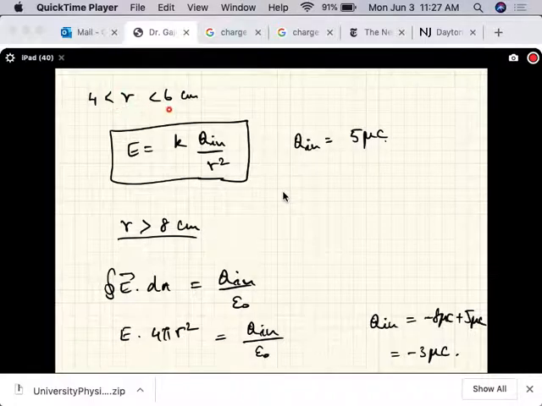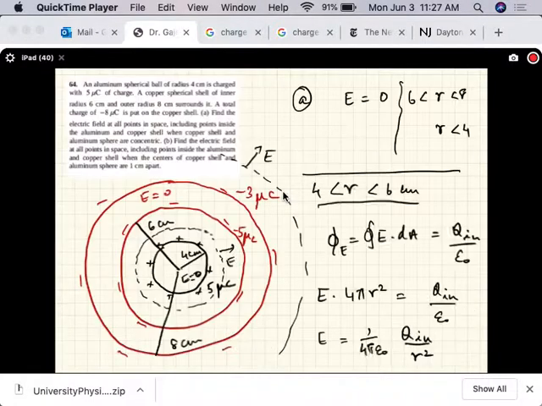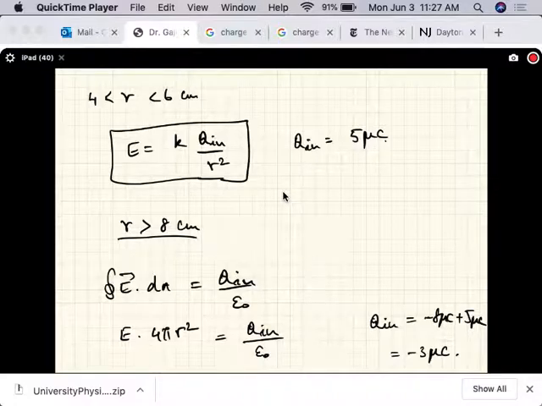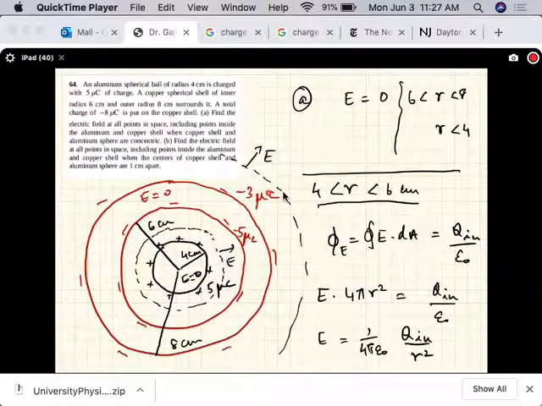Okay, so for this part, what we are doing is finding the electric field in this region. This is 4 centimeters, this is 6 centimeters. So when R is between 4 and 6 centimeters, we are finding the electric field in that region. Then we are finding the electric field outside there.